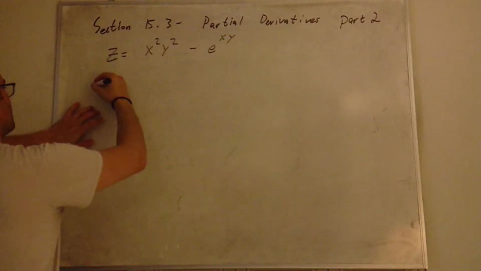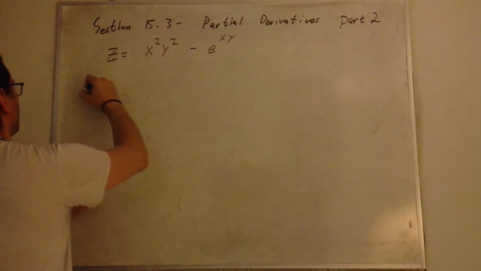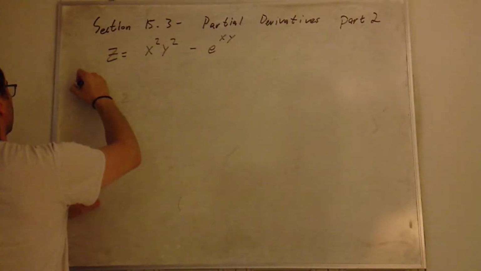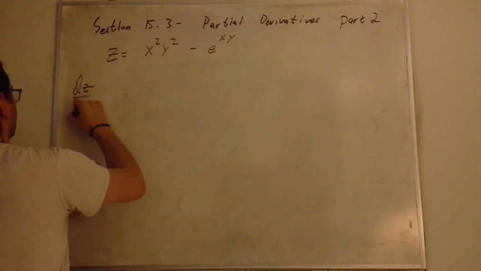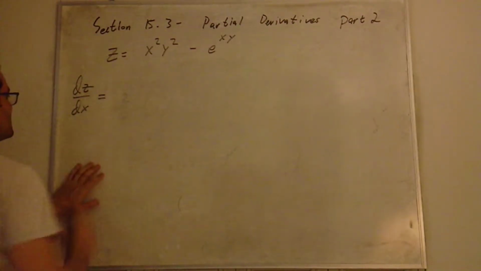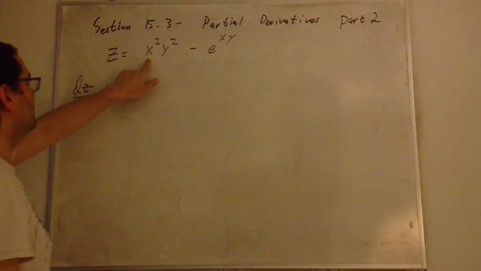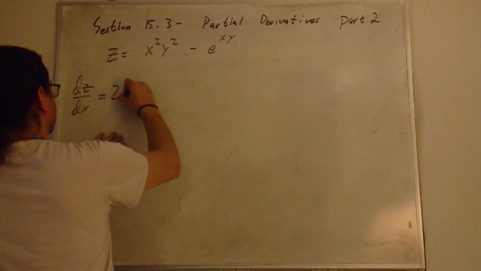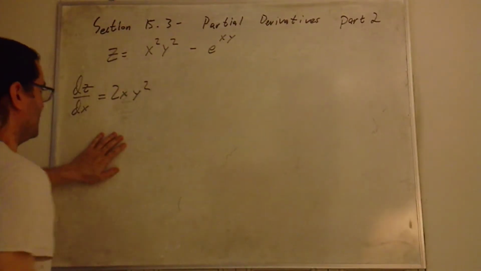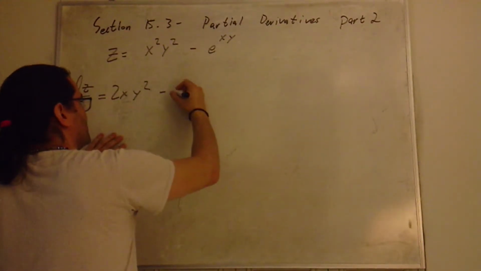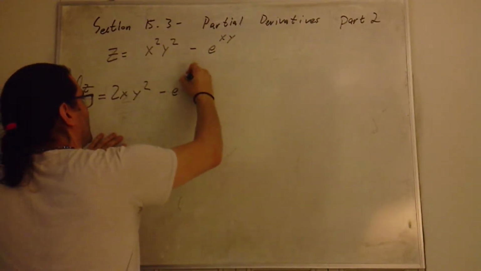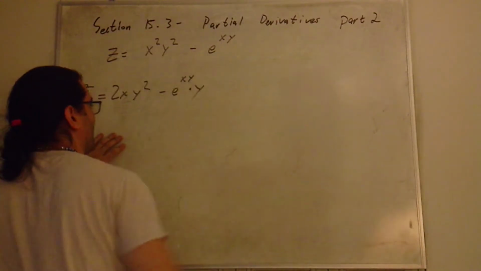Before I can get some second derivatives, I need to get some partial derivatives, first derivatives. So dz/dx should be: derivative of x squared is 2x, y squared hangs out like it was just a coefficient. We've already talked about this derivative of e to the xy business, so that's going to be e to the xy times y.